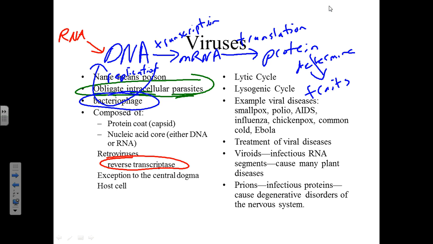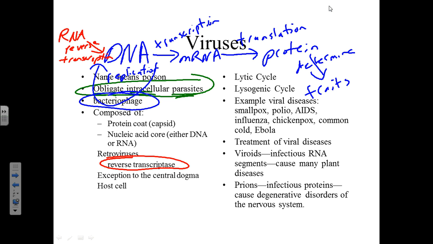That DNA then gets embedded into host DNA. So this is reverse transcription. And during that process of reverse transcription, that's where a lot of the mutations will happen. And that's one of the reasons those viruses are so hard to control, stop. Again, make sure you know some examples. Common cold, the influenza virus, flu virus, HIV, Ebola, or just a few.